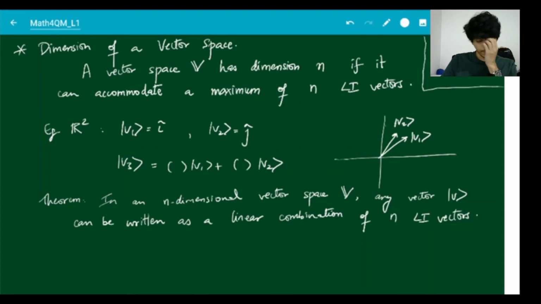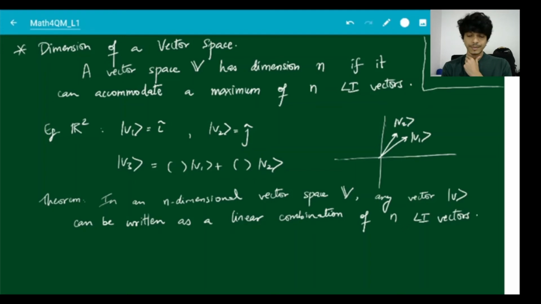The way to argue this out is that suppose this was not true, if there was some vector v which you could not write as a linear combination of n linearly independent vectors, that means this vector is linearly independent with all of those. That means in total there are not n but n plus 1 linearly independent vectors. But that's not possible because we've said this is an n-dimensional vector space, which means it can have a maximum of only n linearly independent vectors. Therefore, it must be possible to write that vector v in terms of these n linearly independent vectors.